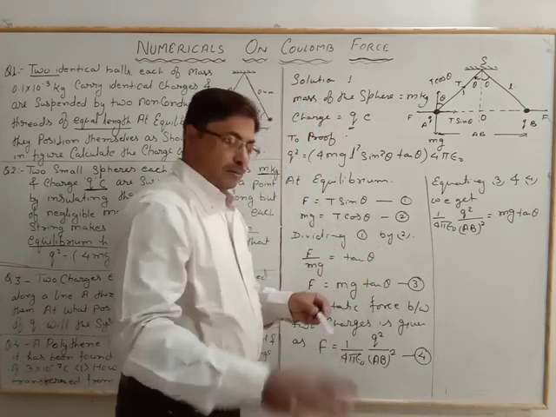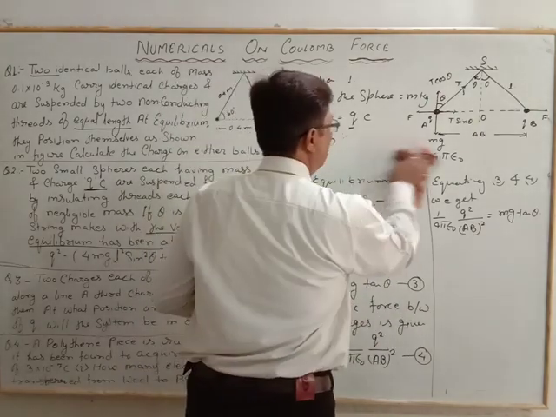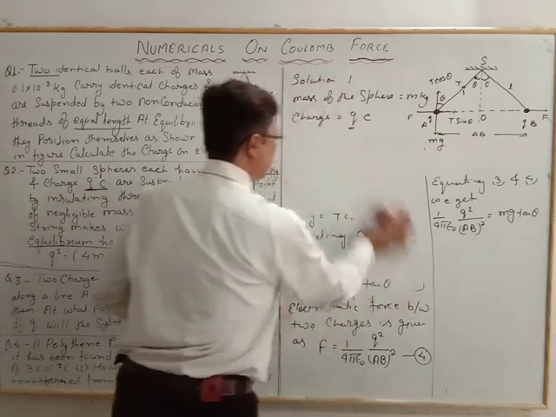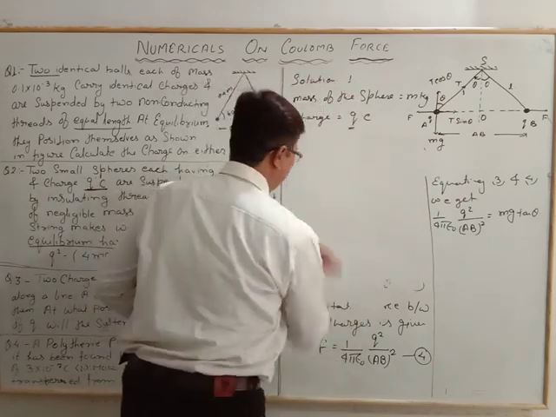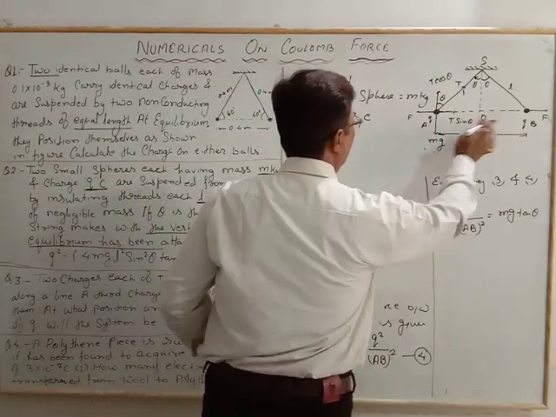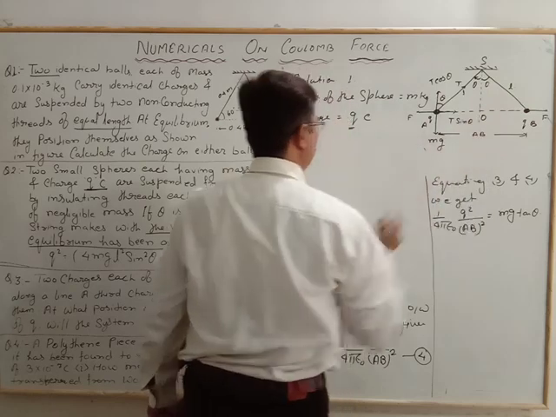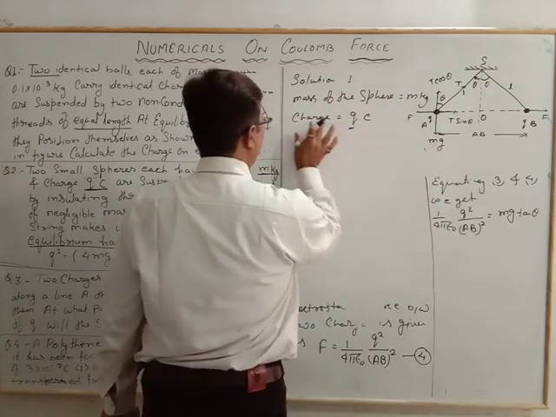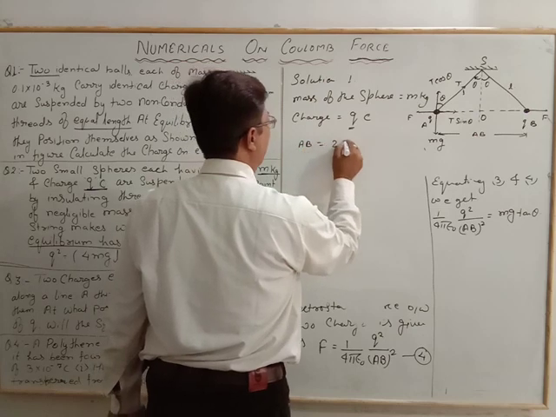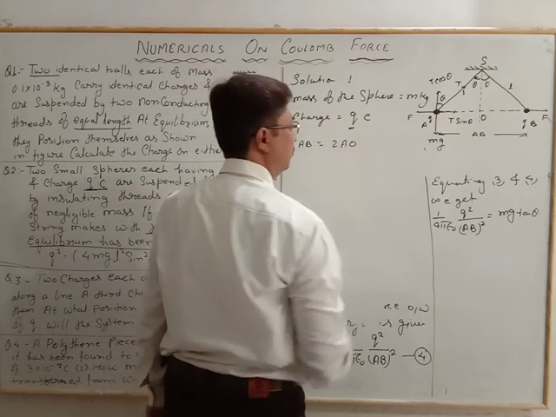Now to calculate AB, we consider the triangle here, where AO is the center of the line of suspension. So we can write that AB is equal to twice of AO.